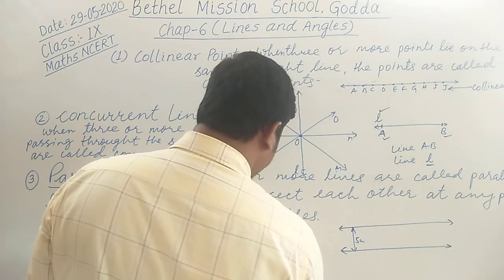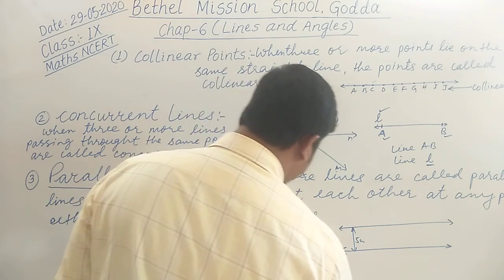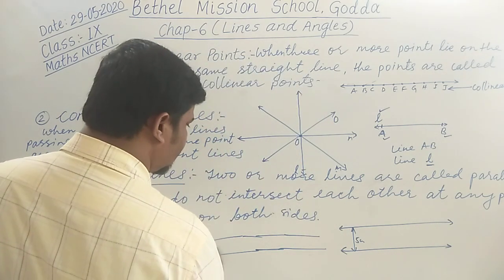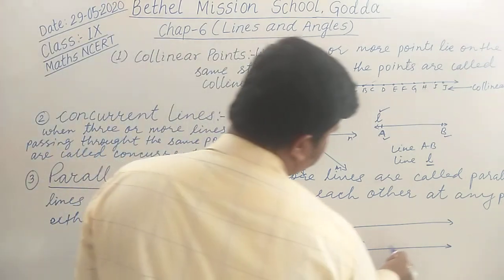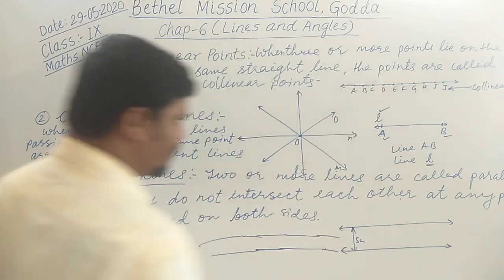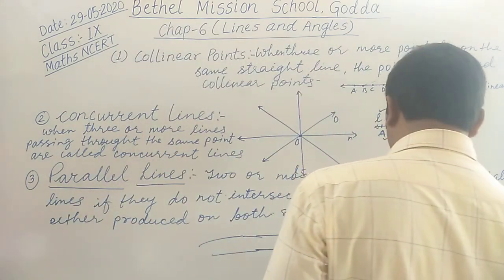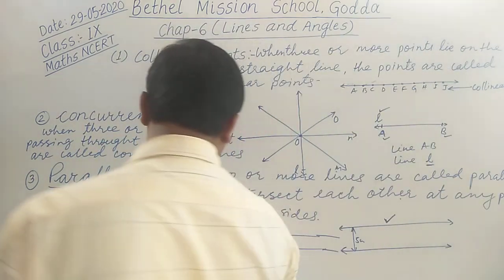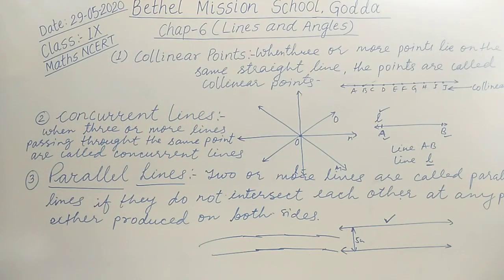And when two line segments are produced on both sides, they will not intersect each other. You understand? Some properties about angles are there, we will discuss.